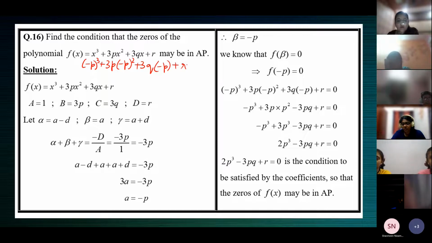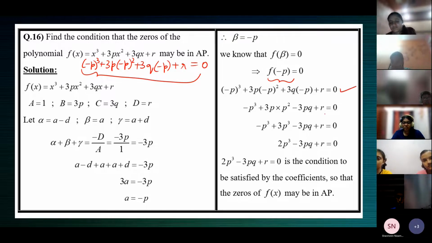R is r. Only x is replaced with minus p. This is how you express f of minus p, which is equal to 0. In the polynomial, wherever there is x, we use minus p.